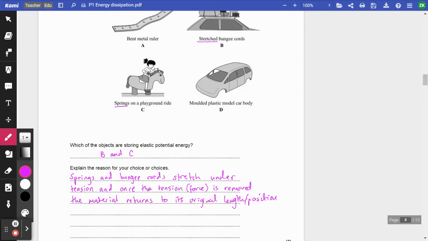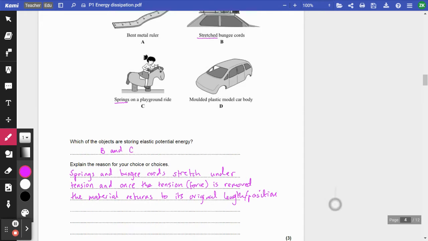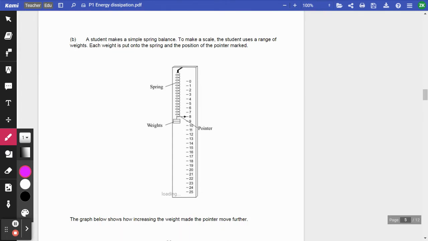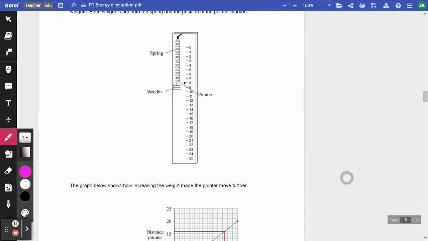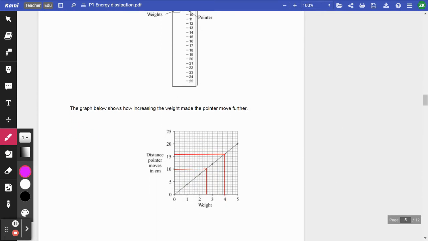So that's your 3rd mark. Part B, we've got a spring that is being extended by some weights. We've got a pointer that tells us the position of the bottom end of the spring, and that points to the ruler. And here is some data that is collected.